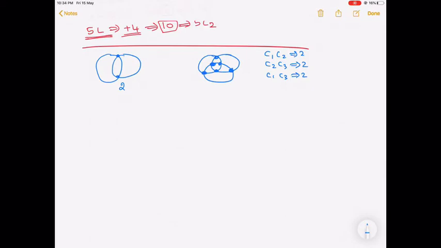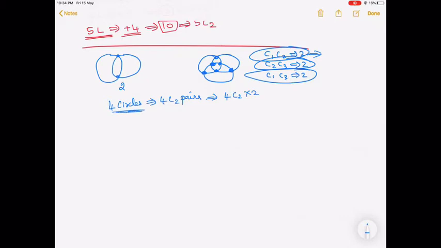So for each pair of circles there are 2 meeting points. If I have 4 circles, I can create 4C2 pairs of circles, and for each pair I will have 2 meeting points. So the total number of meeting points from 4 circles will be 4C2 into 2, which is 12 meeting points.